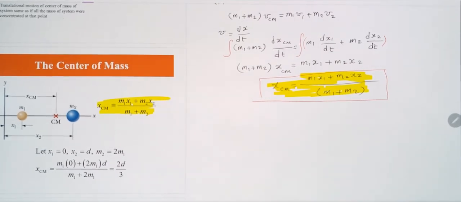And it is a direct result of the conservation of linear momentum. So when you apply conservation of linear momentum, right away you get the concept of center of mass.